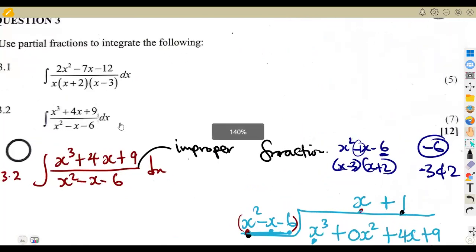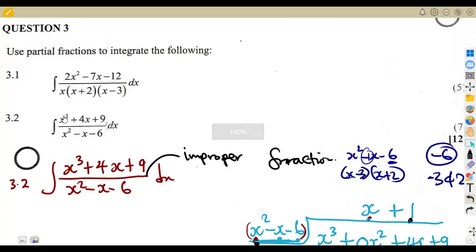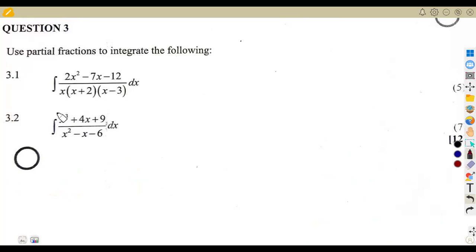As long as the numerator has a bigger exponent, it is referred to as an improper fraction. If you check the first equation that we had, it was a proper fraction. If you expand this x and x, it's going to be x squared times this x, which is x cubed. So a proper fraction must have a lesser exponent in the numerator.